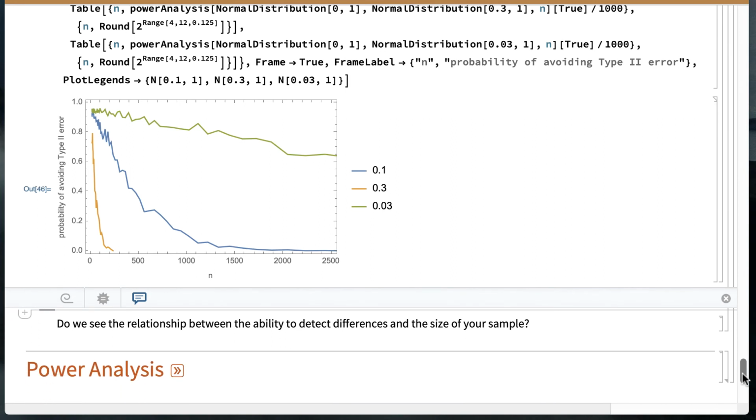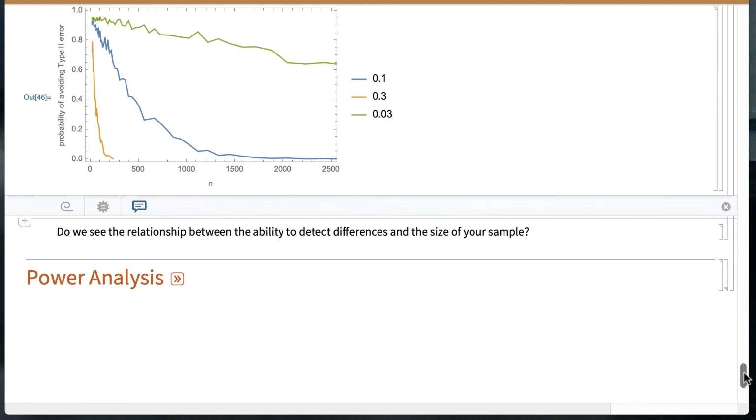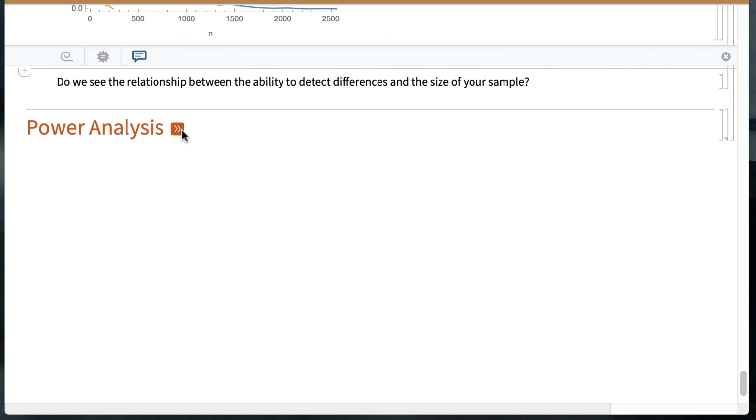Okay? So what we've seen is the test matters and the sample size matters in trying to determine whether your sample is drawn from something other than the null hypothesis, your original hypothesis.